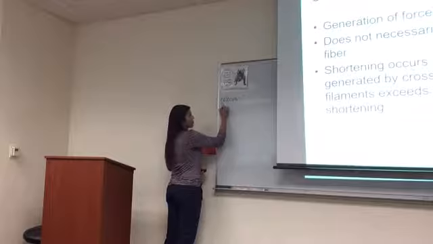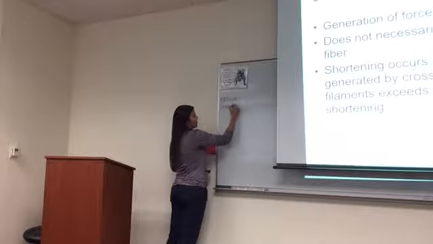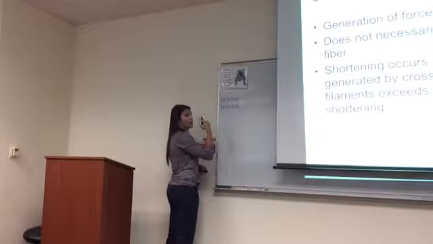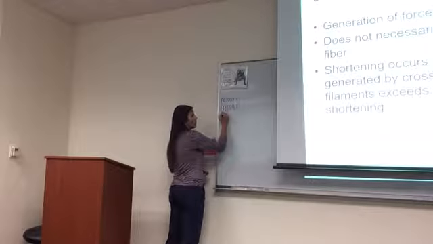Calcium binds to troponin. Troponin changes the shape of tropomyosin.